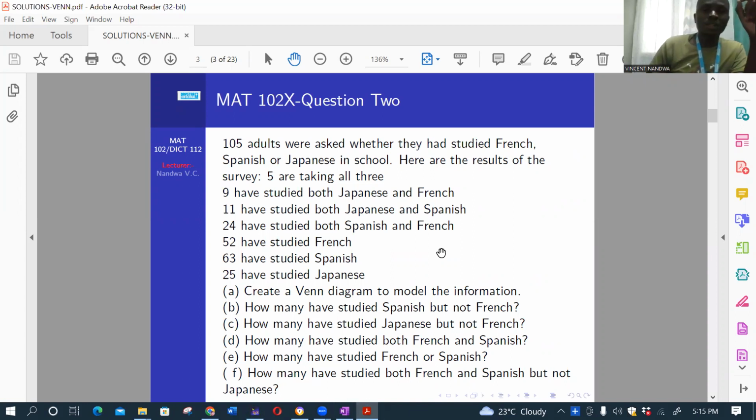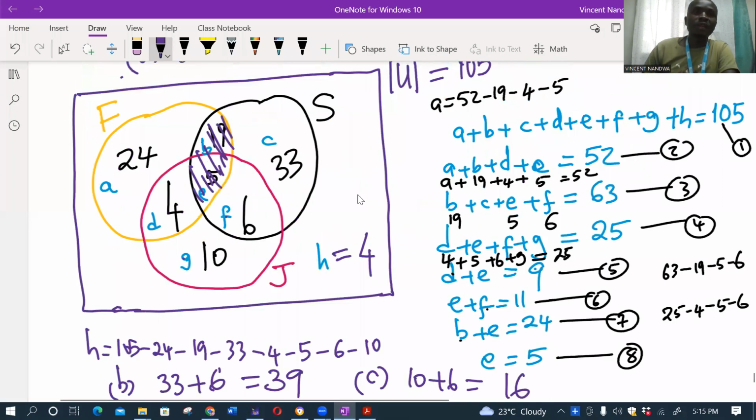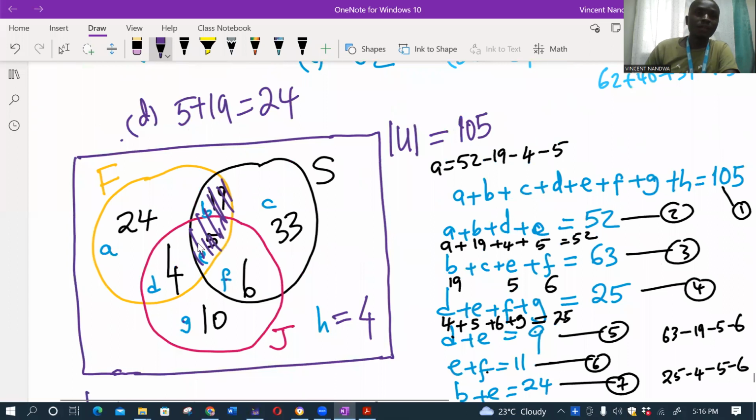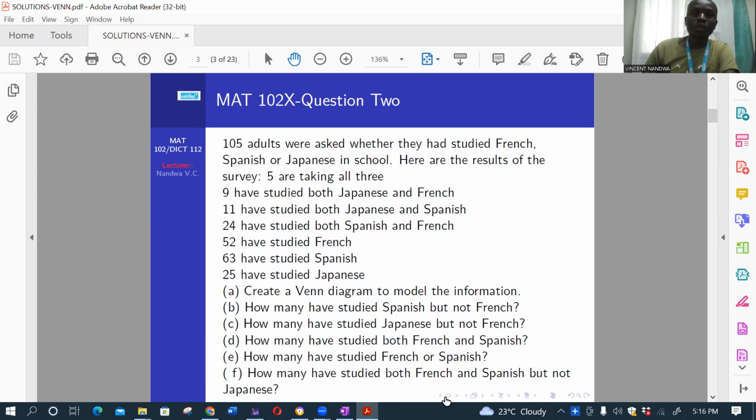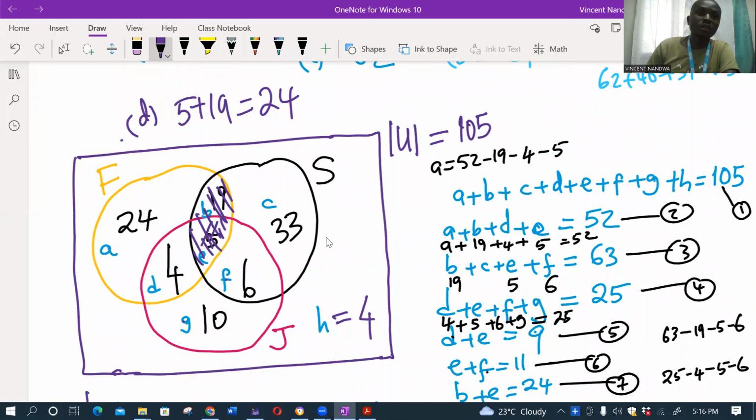So this question asks that you must pick something that can be counted to be in F and S at the same time, but then avoid picking what can be counted to be also in J. So F and S meet at B and E, but because we have a restriction that it is not in J, we have to remove this section of E. Because if we pick this one, it will also be counted to be in J. So the only value is this part B, and the answer is 19.